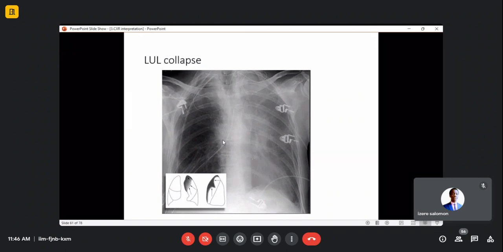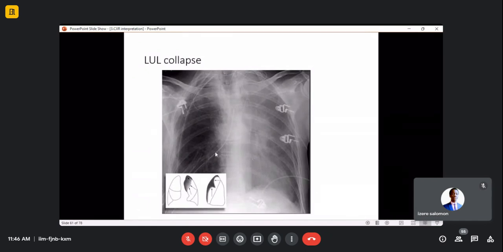Technically it is bad, but interpretable, because I was not expecting to see any better image from the ICU. This was done using a portable machine for sure.